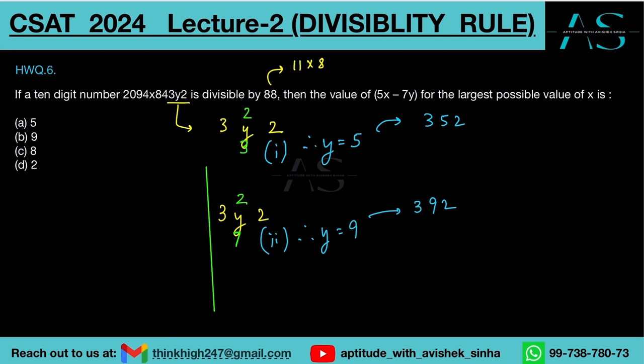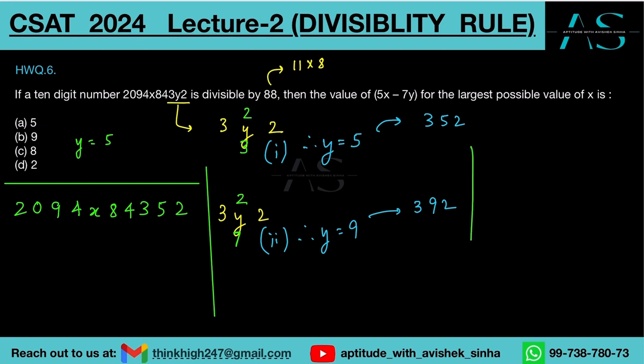First case, I'm using y as 5. I'm rewriting the number 2094x84352. And in the second case, I'm writing y as 9.